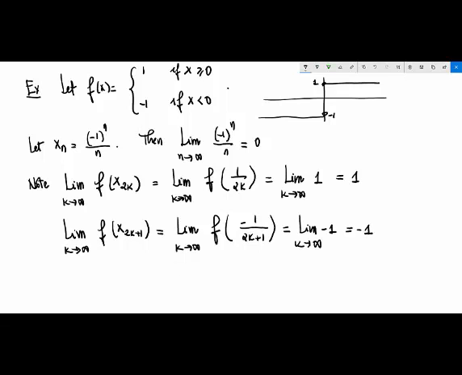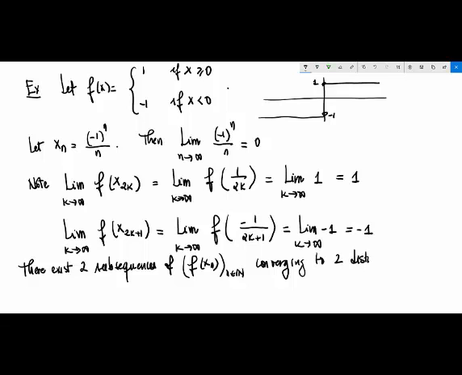So we have found that there exist two subsequences of f of xn converging to two distinct limits.